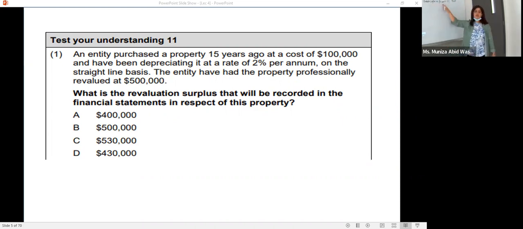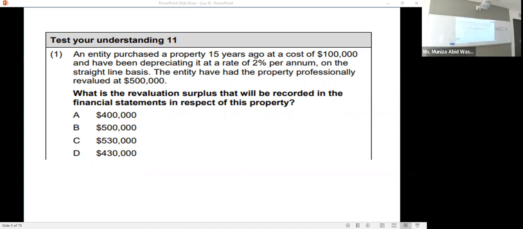This amount you have to record in the revaluation surplus. And it will be going to one more place: if it's an investment property, then this will go to the statement of profit or loss as revaluation gain. If it's IAS 16, then it is going to be in the statement of other comprehensive income. So 430,000 is your answer.